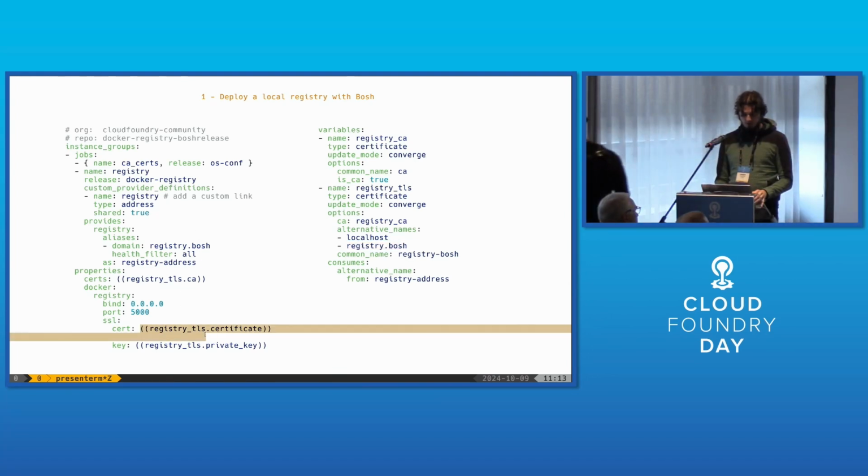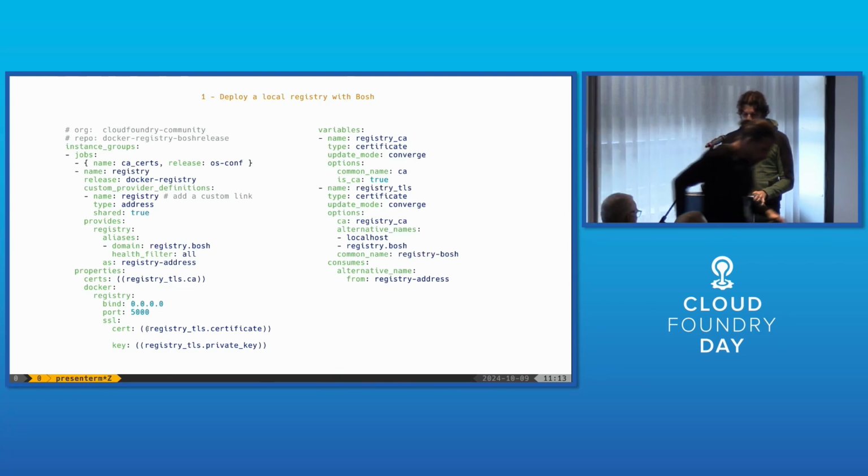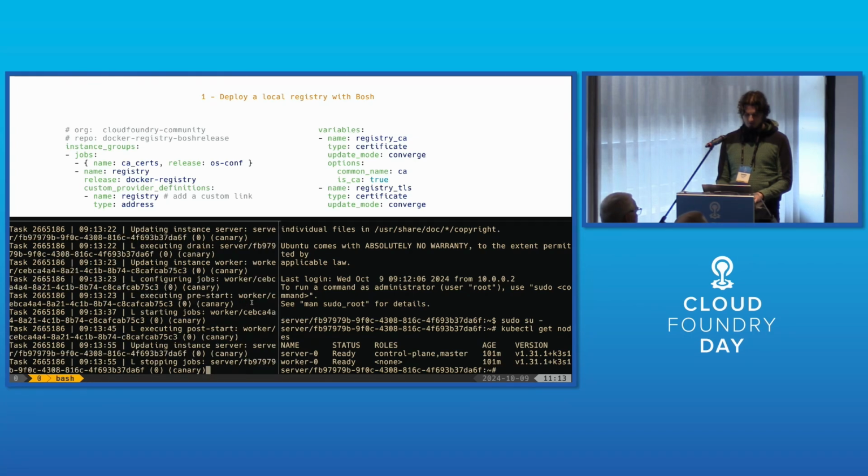And here we're configuring it with a TLS certificate. We're also using the OSConf CA certs job to trust the cert, because that's important; otherwise we cannot pull images using the kubelet from that local registry. Maybe that's done. Well, it's in progress, but let's do the curl already.